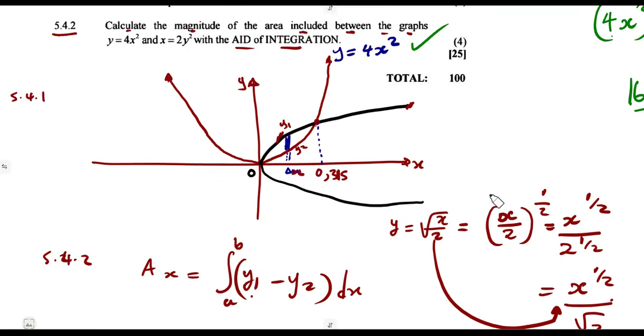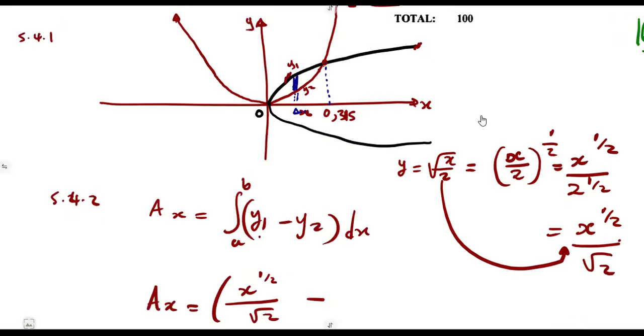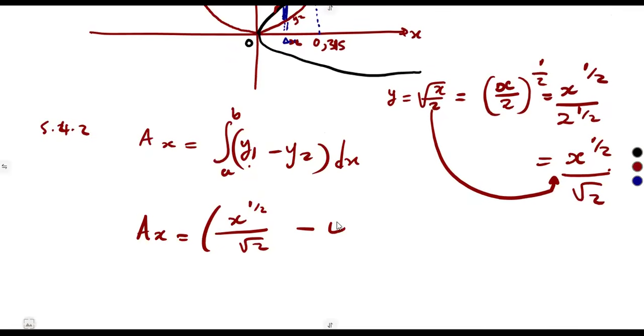Y2 is the one that is below, this one of 4x squared. On that region, which one is below, which one is on top? The one that is below is this one of 4x squared. Already, y is the subject. Y is equal to 4x squared. So this one, we do not make any adjustments. So this is the integral of this with respect to x.